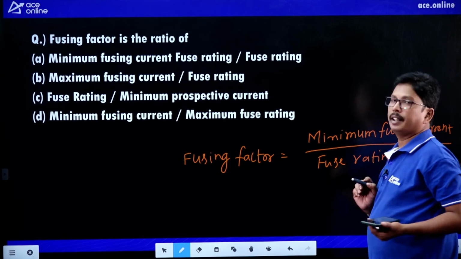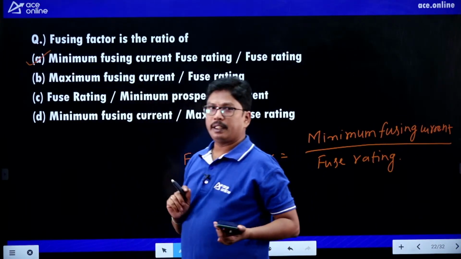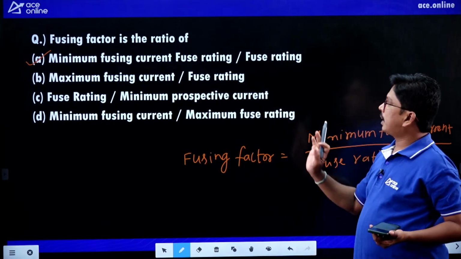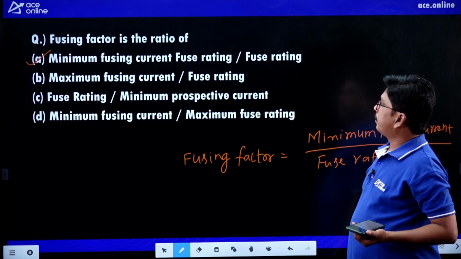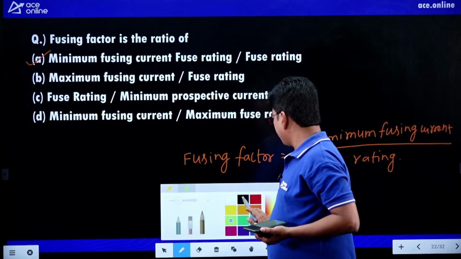Right? So option A is the perfect answer, students. That is minimum fusing current divided by fuse rating. This is not the statement here, we can remove this statement.